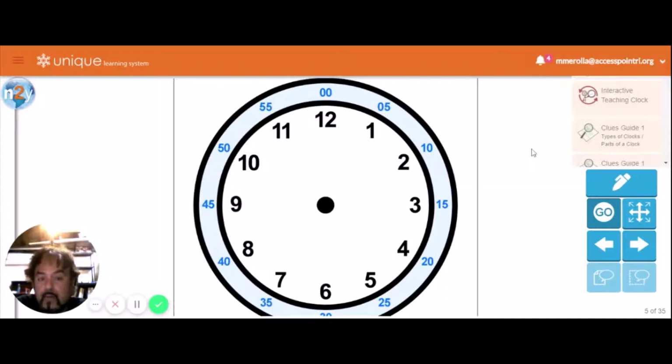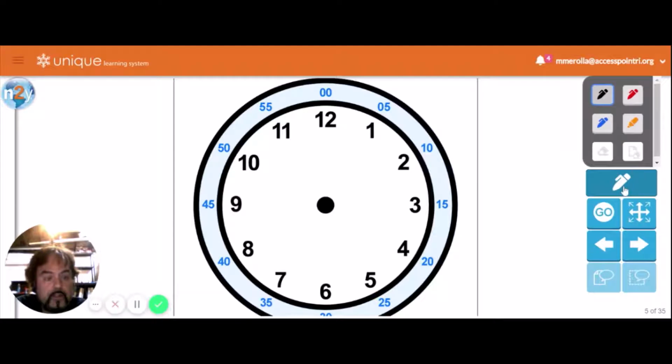So, say I want to catch the bus at 2:30. This right in front of us is called an analog clock. If I had to catch a bus at 2:30, it would look something like this. The hours would be shown in orange.